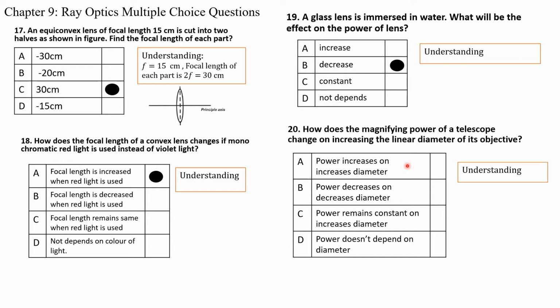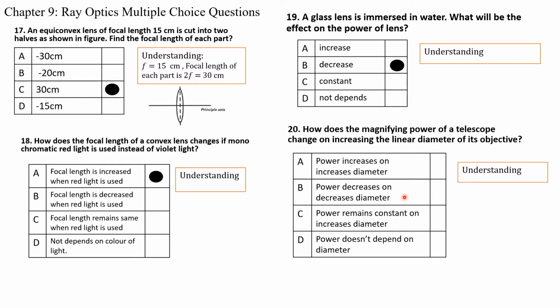Next question. How does the magnifying power of a telescope change on increasing the linear diameter of its objective? There are four options. Power increases on increasing the diameter. Power decreases on decreasing the diameter.